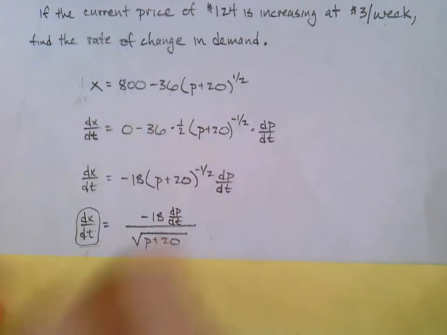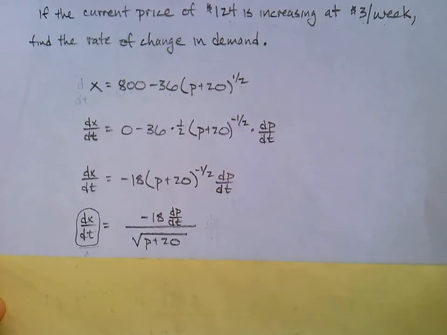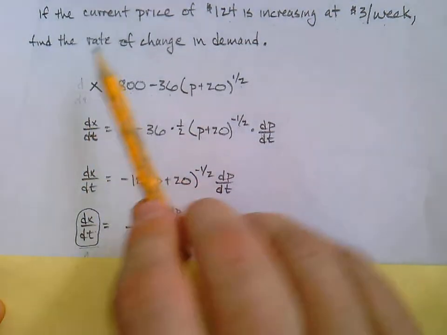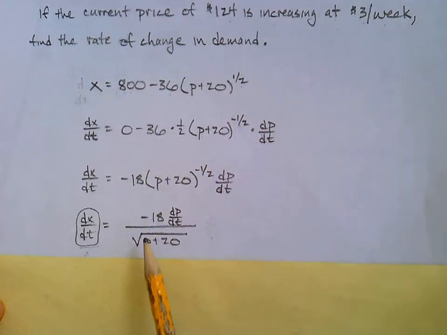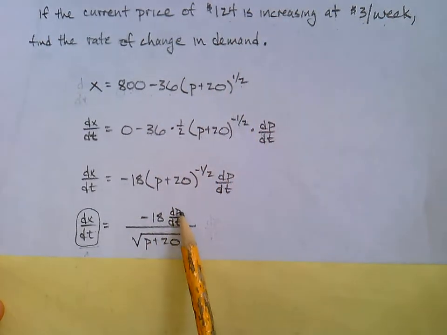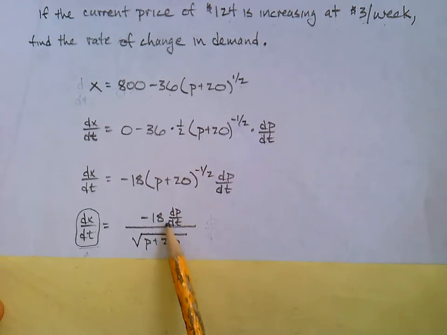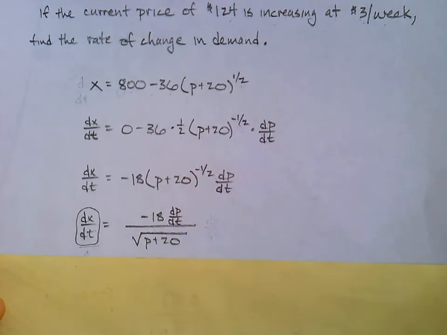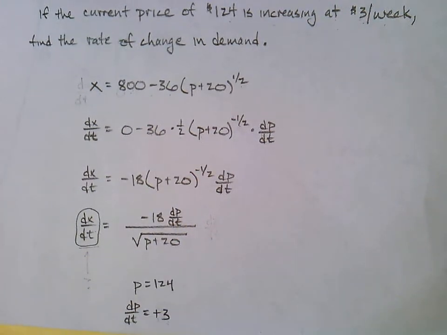That's the one we're looking for to answer the question. So that must mean we can plug in P and we can plug in dp over dt. And yes, the current price is 124. That's P. It's increasing at $3 per week. That's dp over dt, and that will be a positive 3 because it's increasing at $3 per week.